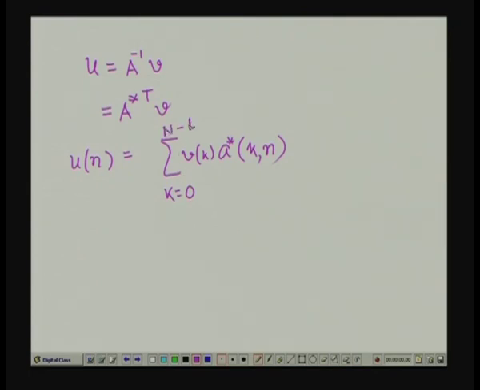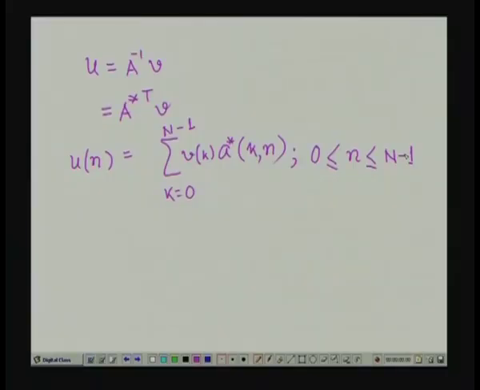And we have to compute this for all values of n, so 0 less than or equal to n less than or equal to capital N minus 1. So, by using the unitary transformation, we can get the transformation coefficients, and using the inverse transformation, we can obtain the input discrete sequence from the sequence of coefficients.